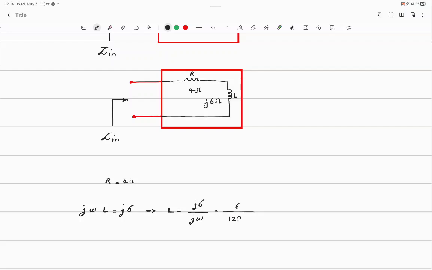Omega is 120 pi. I don't have the value. Can someone calculate it and give it to me? 0.01.